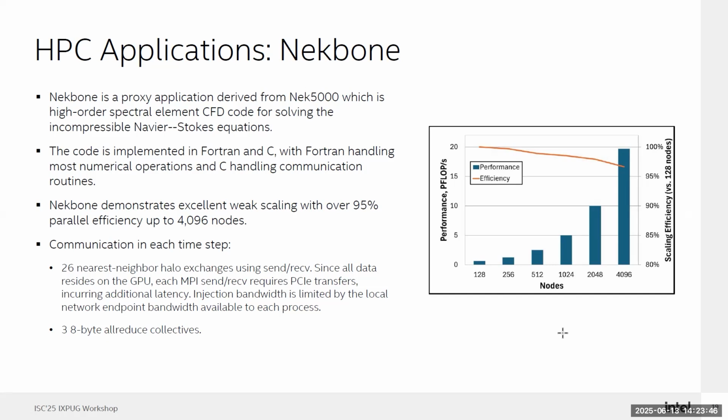Here scaling is up to 95% at 4K nodes. And again, as you can see, the last bullet is the all-reduce rate. You can see that it's very small, like 8 bytes, and again, this kind of reduction is latency sensitive.